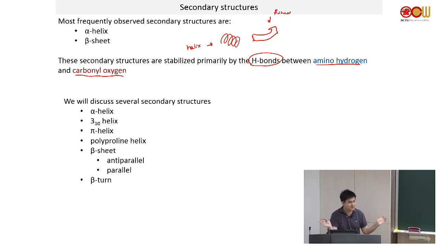Regardless of a beta sheet or alpha helix, this is how it is. The reason they can form secondary structures is because of the hydrogen bonding.